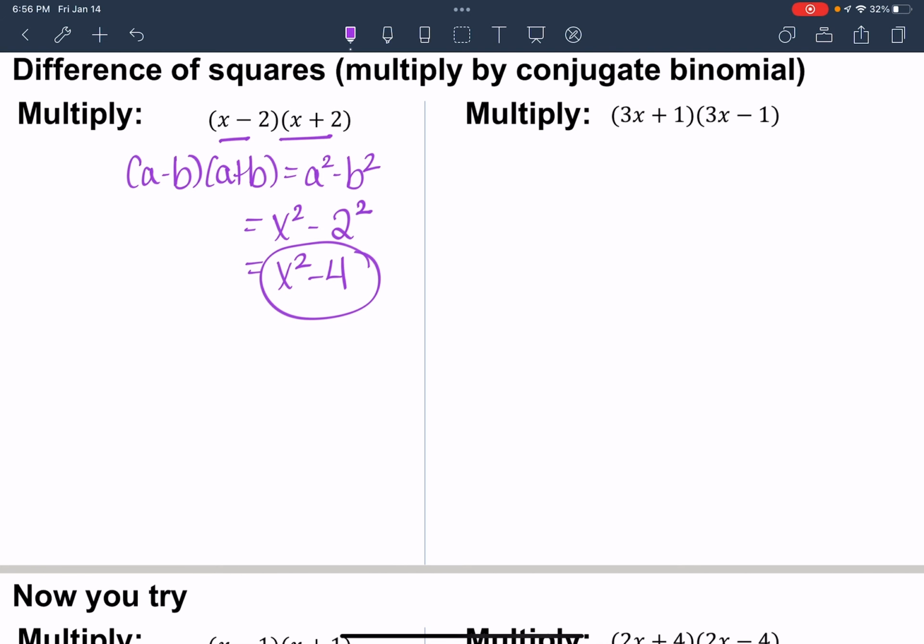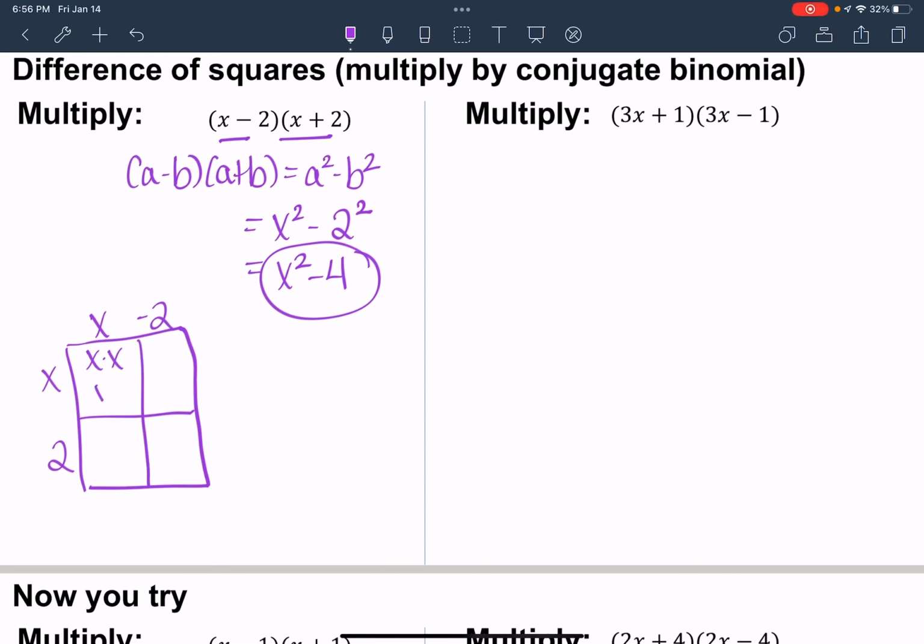Let's use the box method to check this answer, because I want to show you why the middle terms cancel out. So if I use the box method, I have x minus 2 and x plus 2. So here I have x times x, which is x squared. Here I have x times negative 2, that's negative 2x. Left corner I have 2 times x, which is 2x. And the right corner, I have 2 times negative 2, which is negative 4.